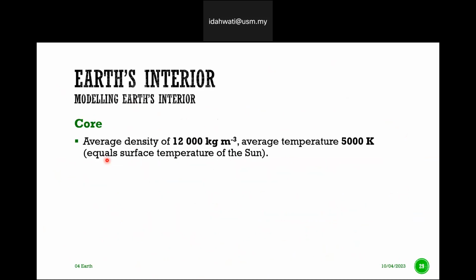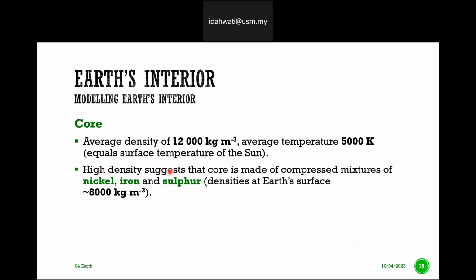Okay, so next one is the core. Average density is very high, 12,000. Temperature is also very high, 5,000 Kelvin, equal to the surface temperature of the sun. So it is a very high temperature and very dangerous region in the structure of the Earth.